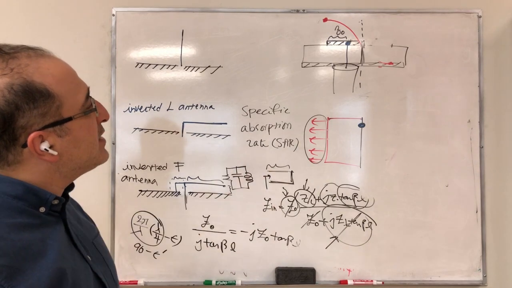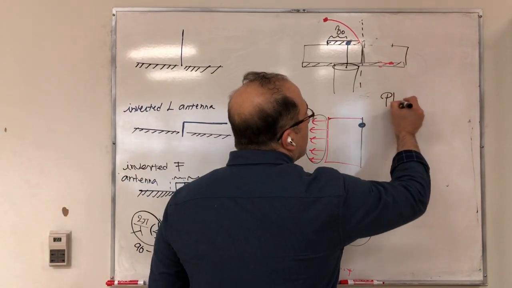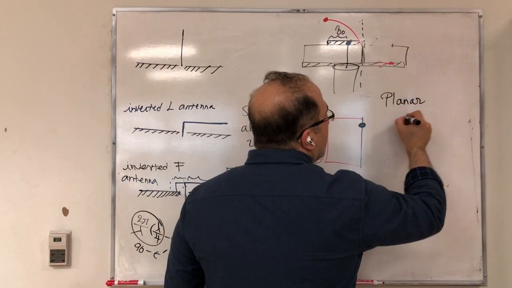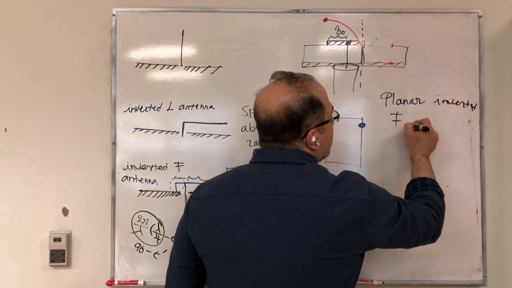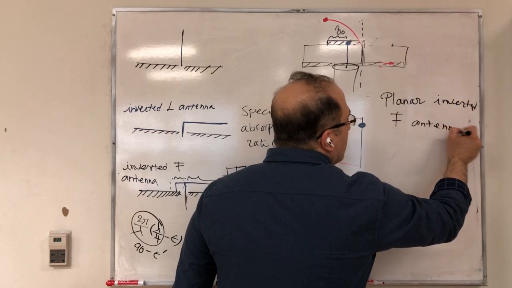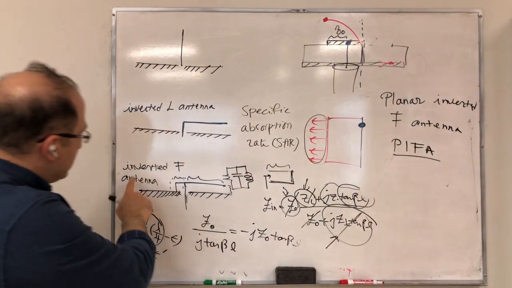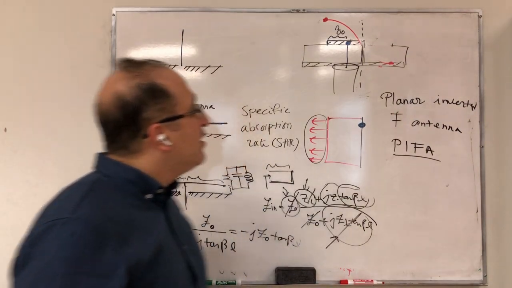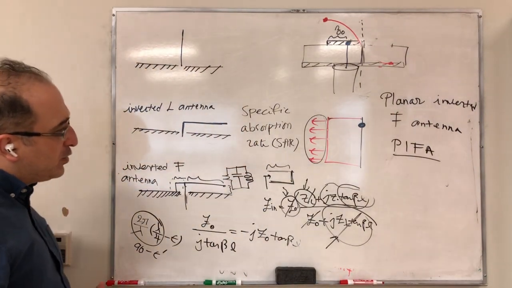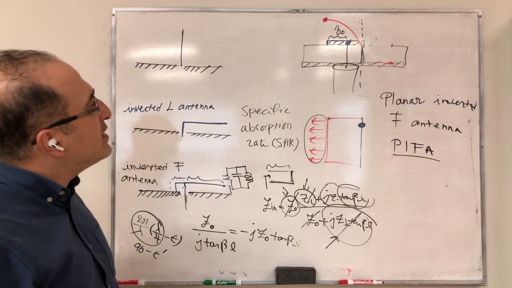So that's our planar inverted F antenna, or PIFA. This was the inverted F antenna, and this is the planar version of that. So that's something that you can consider.